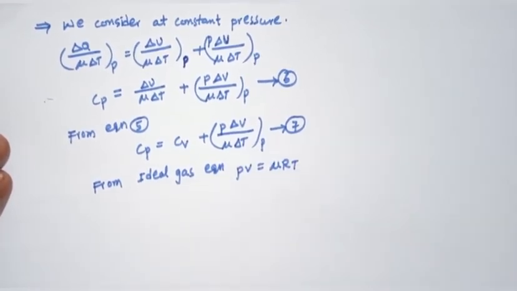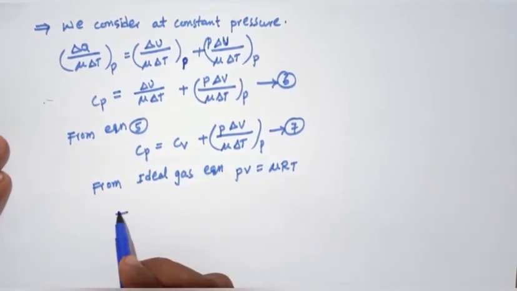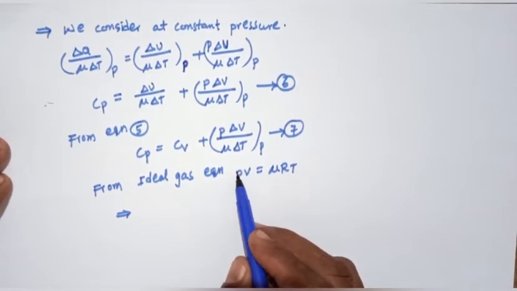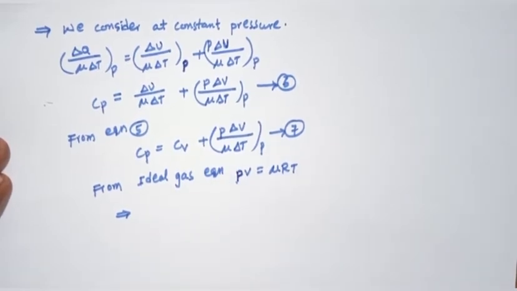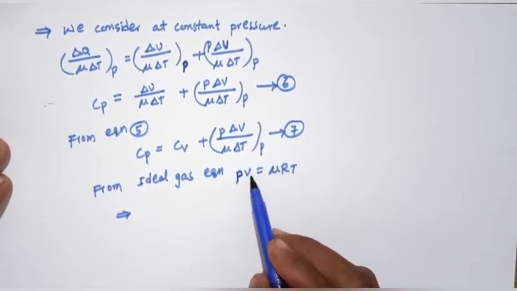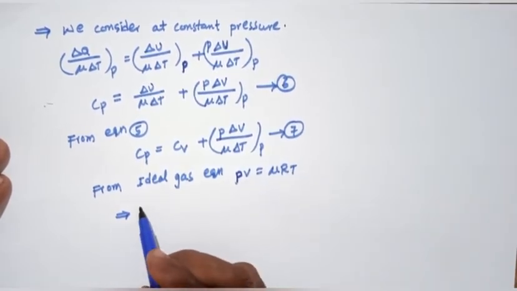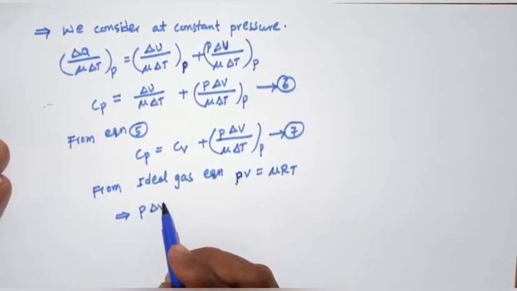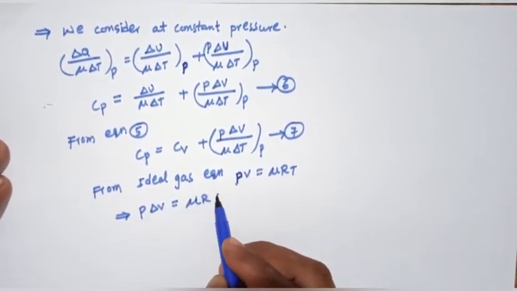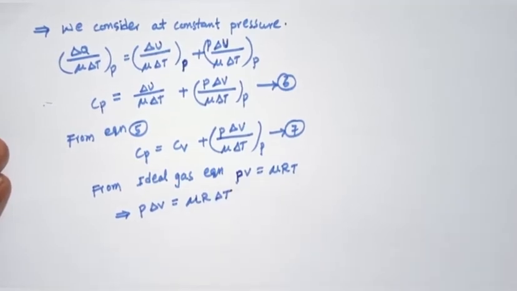Pressure is taken constant, mu is constant, R is constant, so P into change in volume equals mu R into change in temperature.